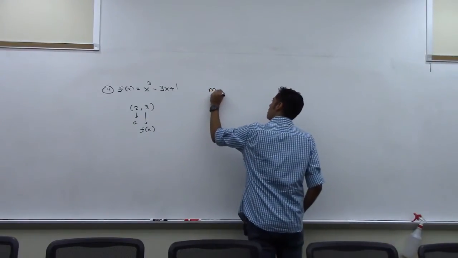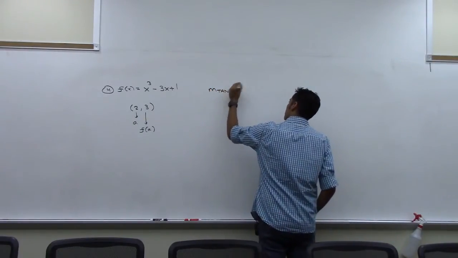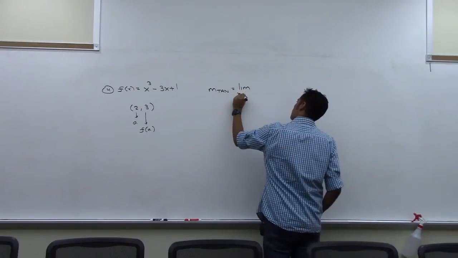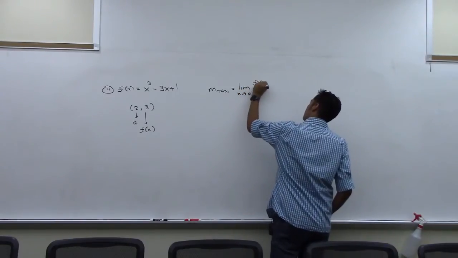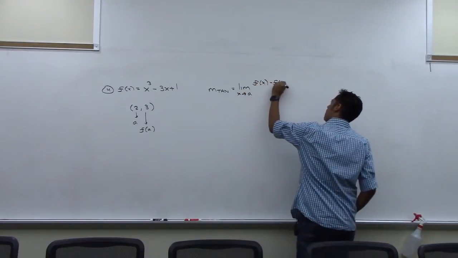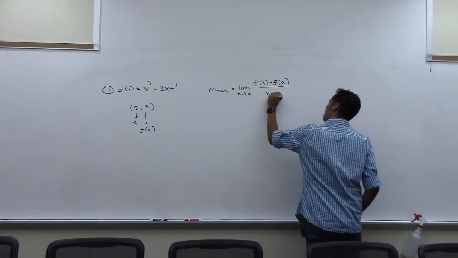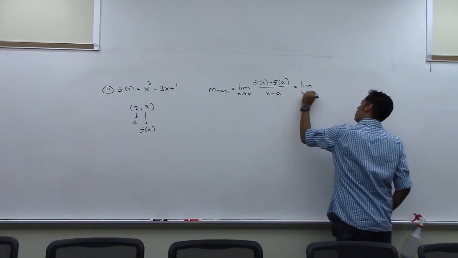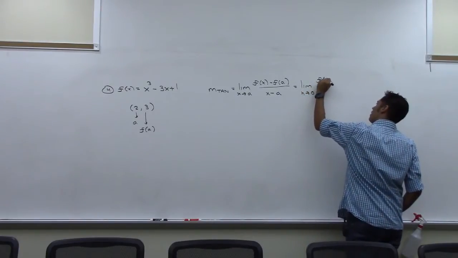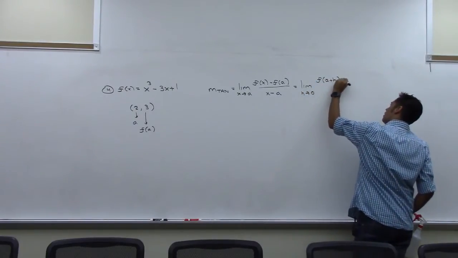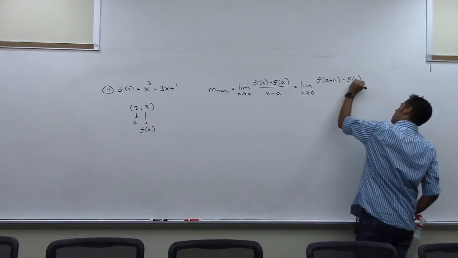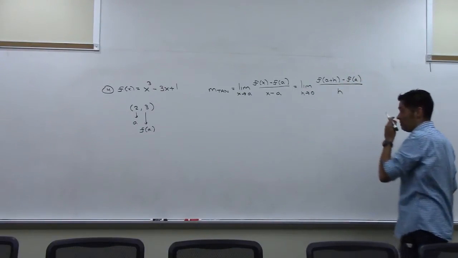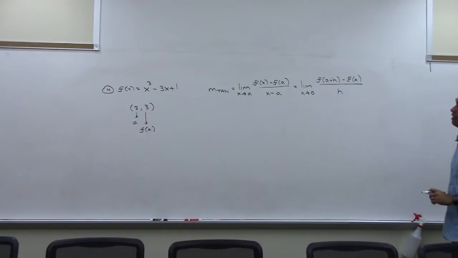I know that the slope of the tangent line is either the limit as x goes to a of f of x minus f of a over x minus a, or I can also say it's the limit as h goes to 0 of f of a plus h minus f of a over h. My choice. So I don't care.